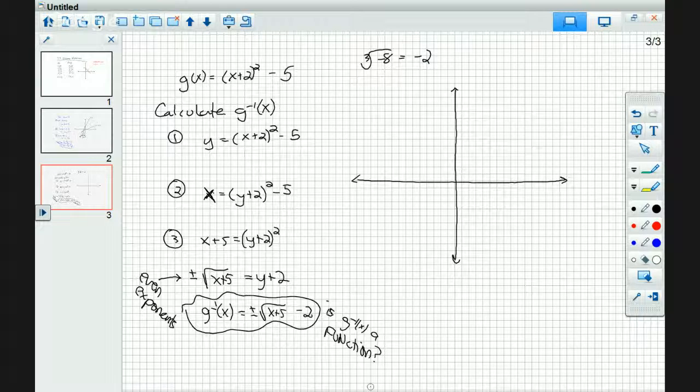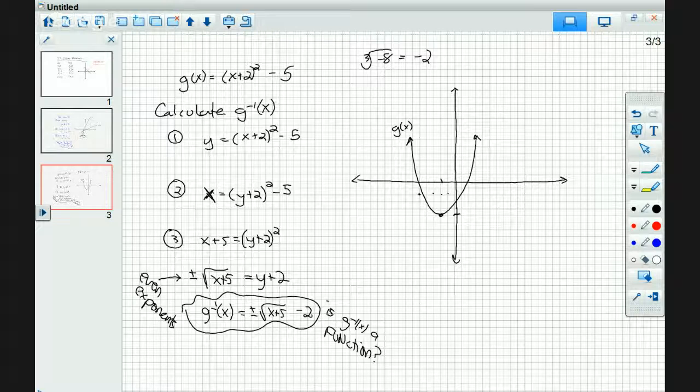So left 2, down 5. G inverse is down to the left side, right? Is that right?